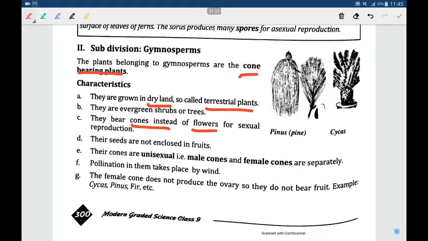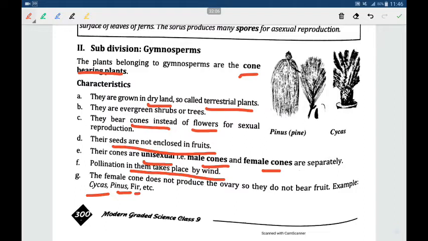What is the difference between a cone and a flower? In a cone, there is no calyx or corolla, but in a flower there is calyx, corolla, androecium, gynoecium, right? And seeds are not enclosed in fruits. Cones are unisexual, maybe male cones and female cones. Pollination takes place with the help of wind. Examples are cycas, pinus and fir. These are the 3 examples.